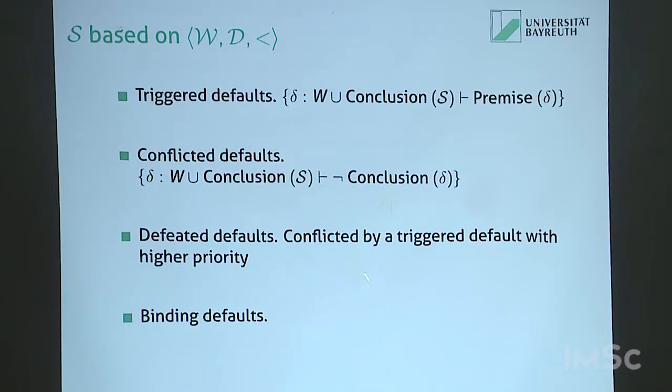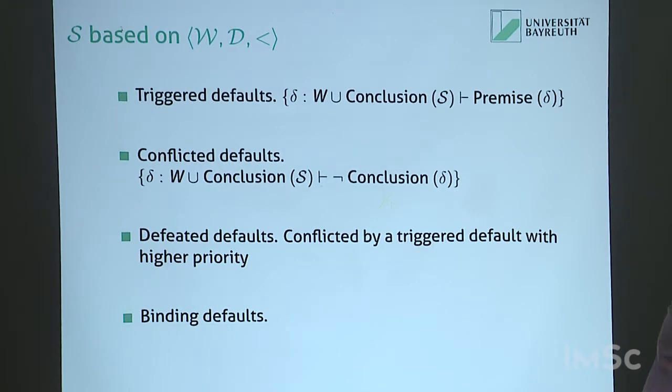Now, defaults can be conflicted, but they can also be defeated, and this is using the priority relation. So a default is defeated if it's conflicted by a triggered default with a higher priority. The formal definition is a bit complex, but the intuitive idea is just this: there's a default which is triggered in the current scenario, which conflicts with the default that you have.